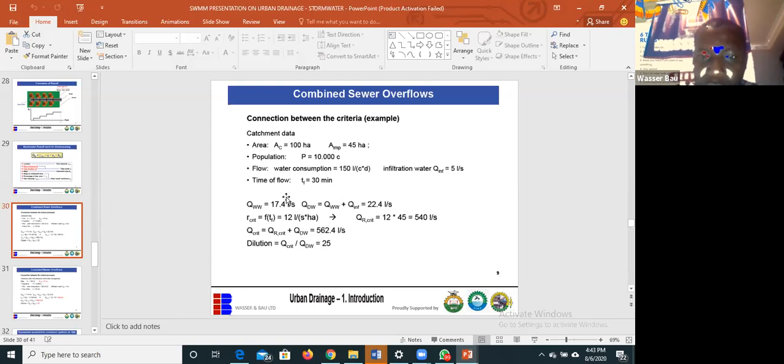So now, if you do the calculation, you say this multiplied by this. How do you get this? You convert it to liters per second. For instance, the wastewater flow is 150 and the population equivalent is 10,000. So what it means is this.